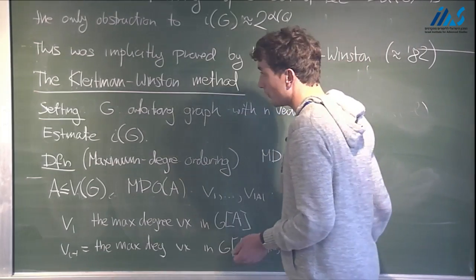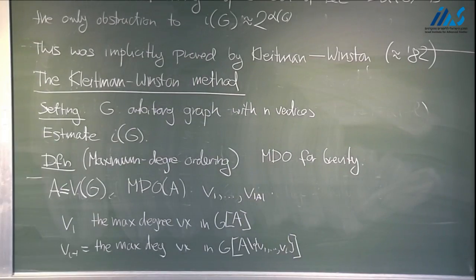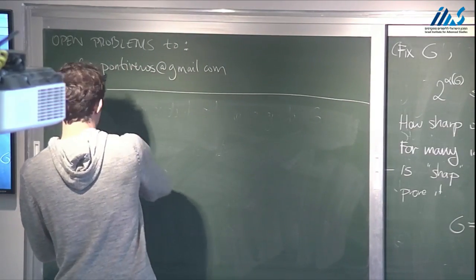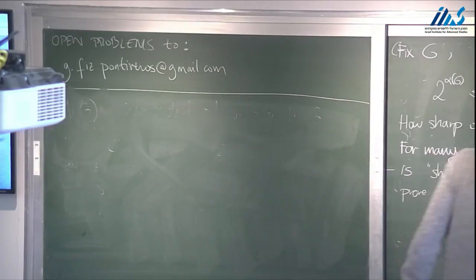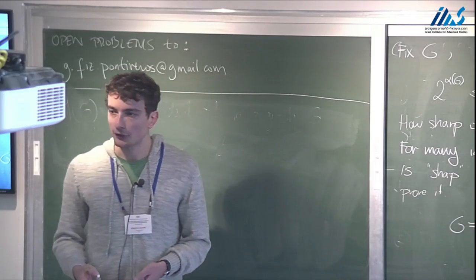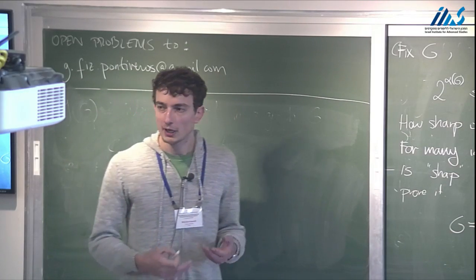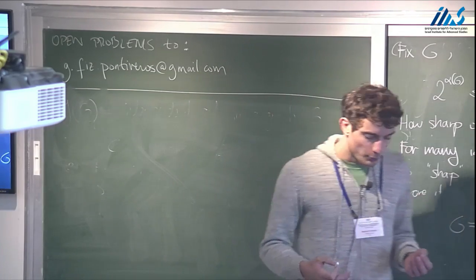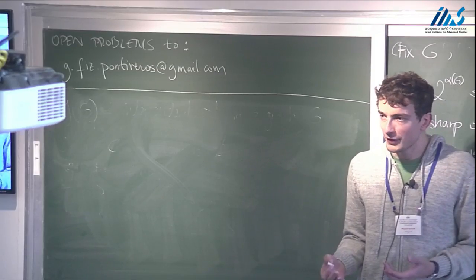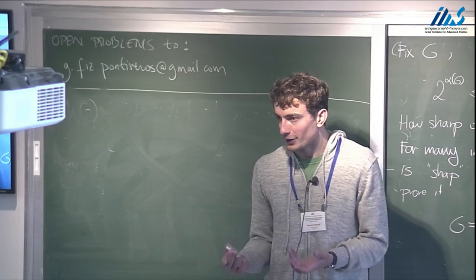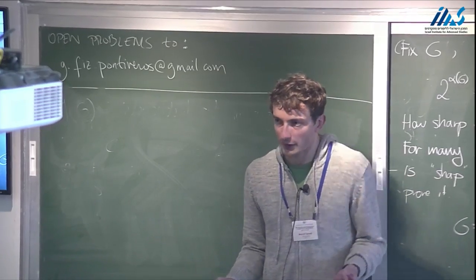Now, what was the idea of Kleitman and Winston? The idea was to consider, while describing an independent set, the vertices of G with respect to this maximum degree ordering. Why is it a natural idea? Because an independent set is a very sparse set, so it somehow doesn't contain many vertices of high degree.